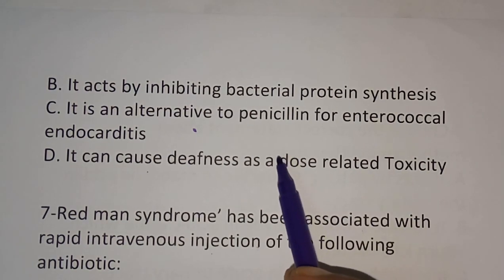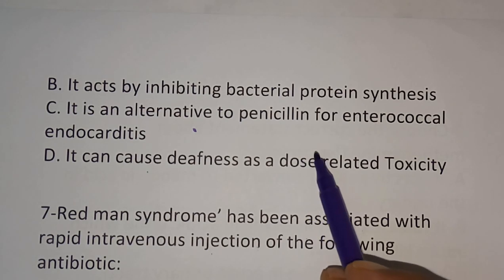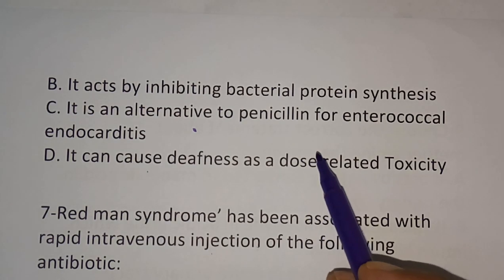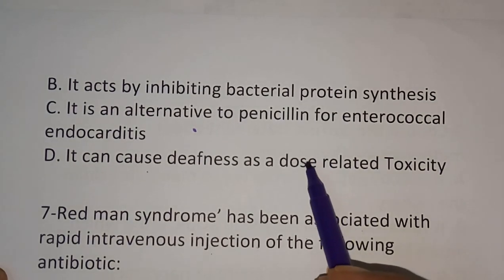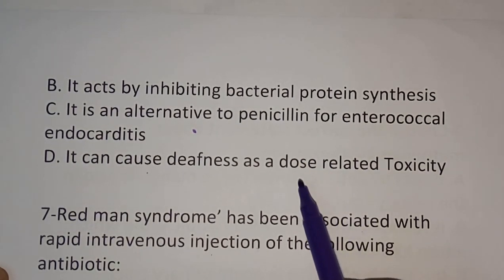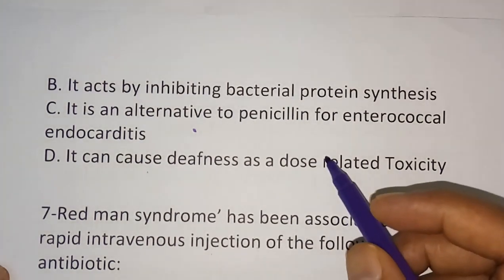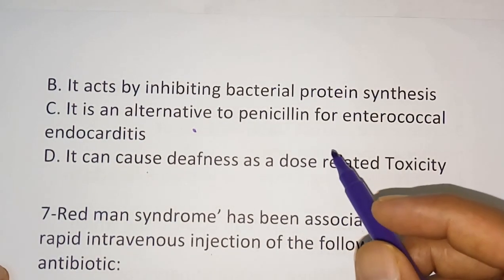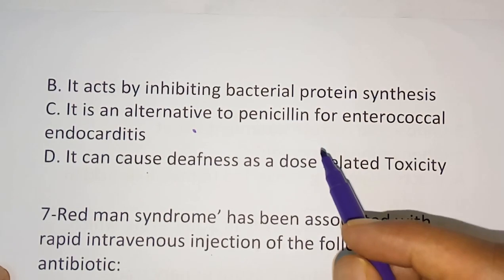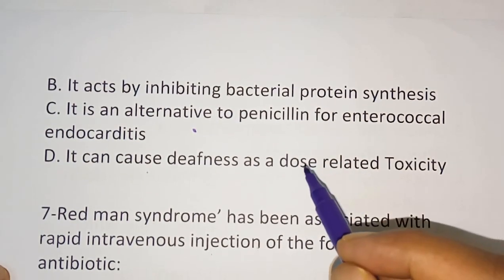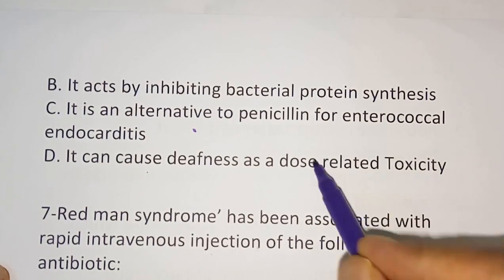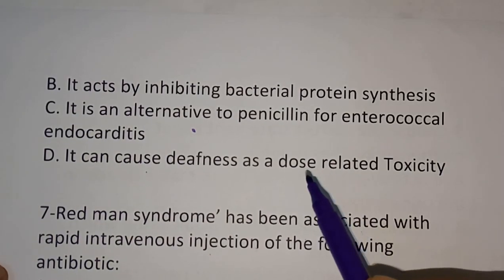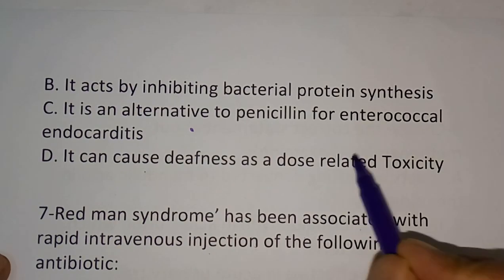This question we already discussed in the general introduction to antimicrobial agents. Vancomycin comes under the classification based on mechanism of action. The mechanism of action of vancomycin is like penicillin, cell wall synthesis inhibition.